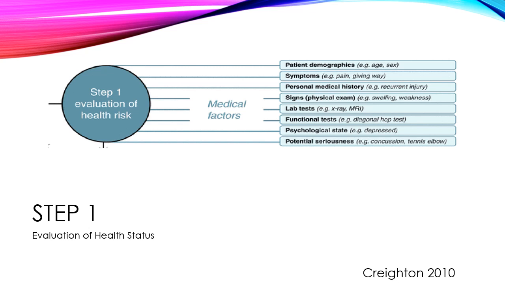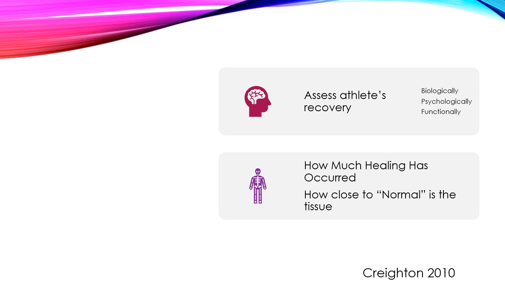So step one speaks about evaluation of health status. Basically what it is was assessing the athlete's recovery. It's including biologically, psychologically, and functionally. Certainly biologically, if it's within the time period that you would expect a certain soft tissue or bony structure to be healed.